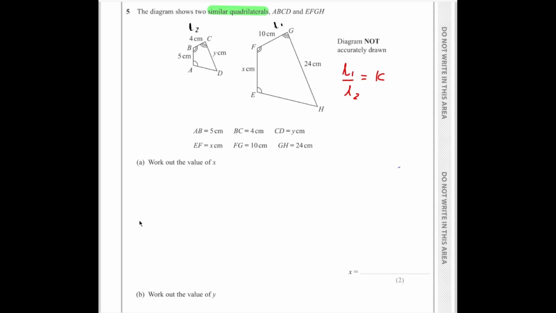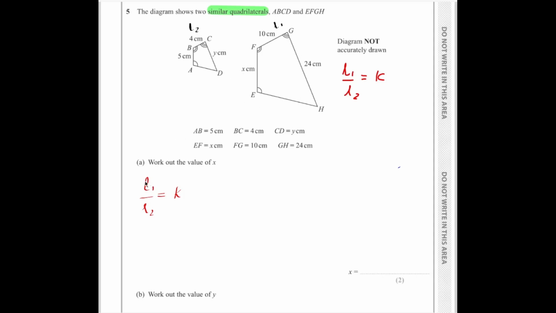Therefore, when getting the scale factor, I can write L1 over L2 equals K. K means the scale factor. When getting the scale factor, it is always easy if you follow this rule. Keep in your head that you are using the bigger figure in the numerator always.